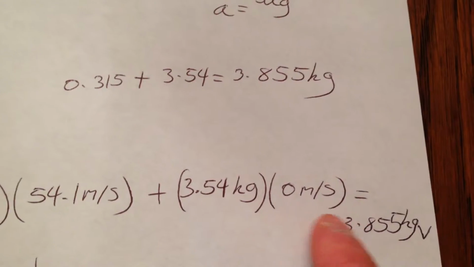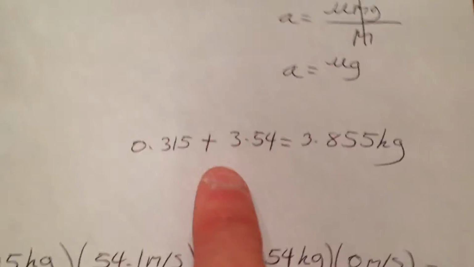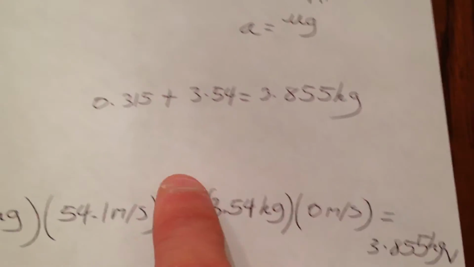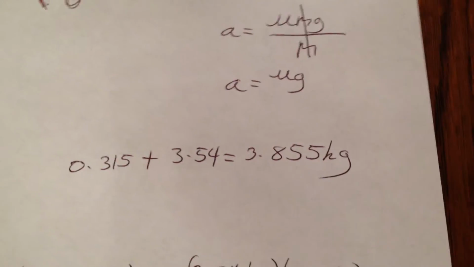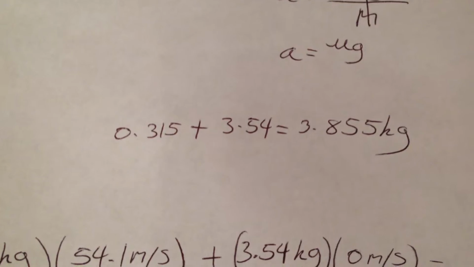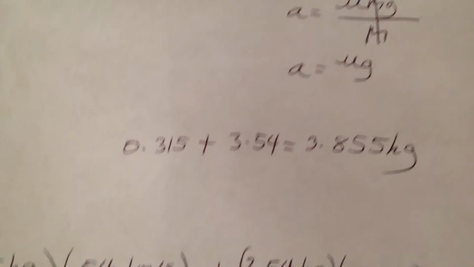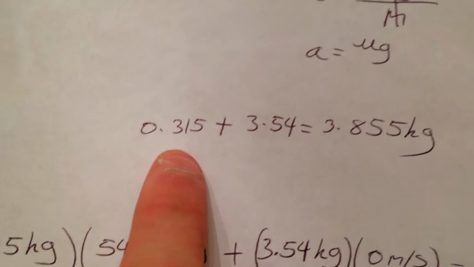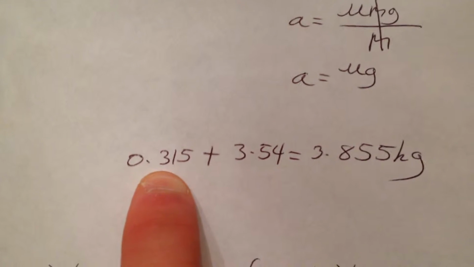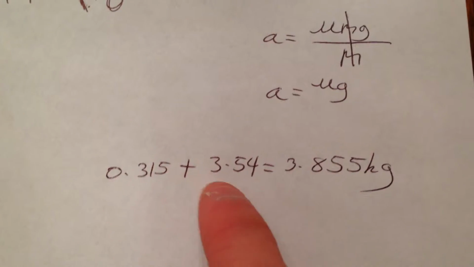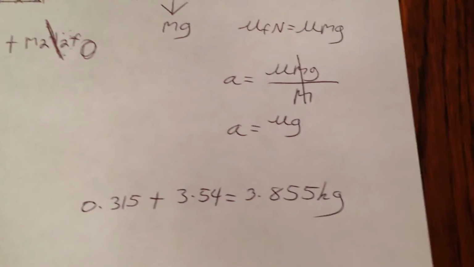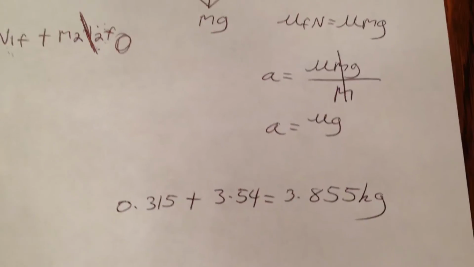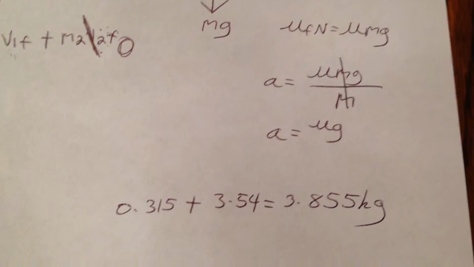So now, on this side, everything's going to have to be final, or total, I should say. At least in the case of mass, it has to be total. So I went ahead and added the masses, 0.315 kilograms plus 3.54 kilograms, that's 3.855 kilograms for both the ball and the box.